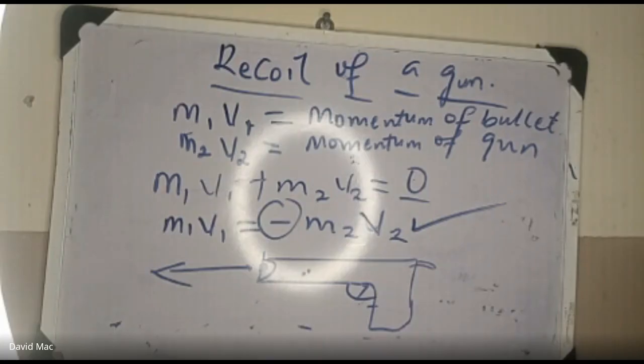Two bodies A and B of masses 4 kg and 2 kg. This one is still under inelastic collision.